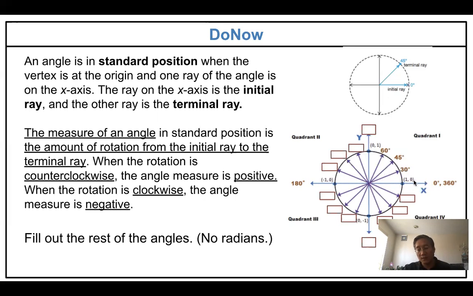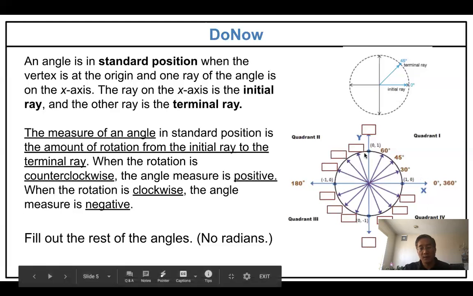So we go 0, 30, 45, 60, and 90 degrees. If you add 30 degrees to 90, what do you get? If you add 45 to 90, what do you get? If you add 60 to 90, what do you get? And then here is 180. You keep going like this up to 360 degrees. And if you move around, it's bigger than 360, keep going, right?